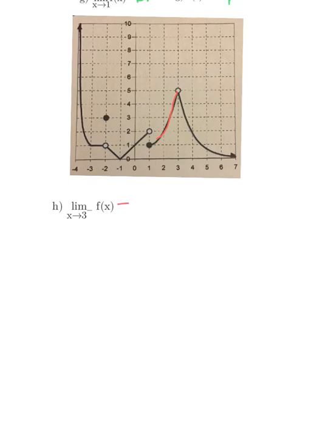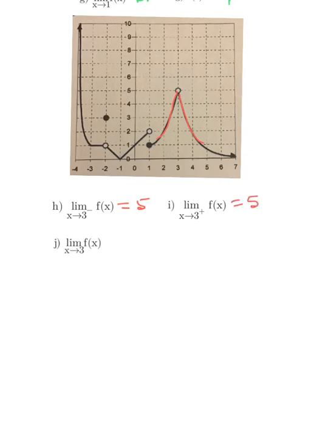That y value is 5. So that limit equals 5. For problem I, we are approaching +3 from the right. So as we trace this graph coming at it from the right, what y value are we coming up on? It is again 5.